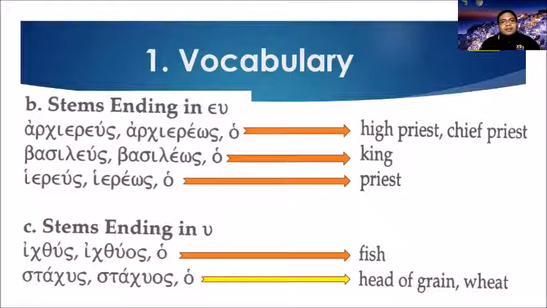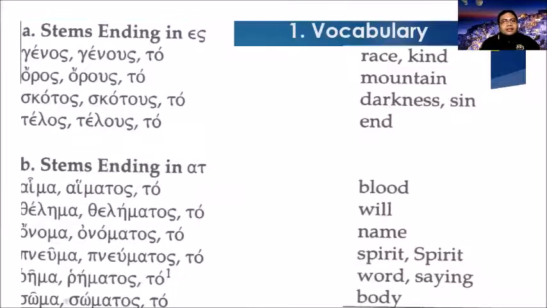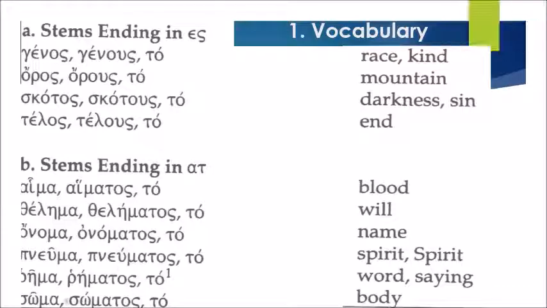Right, next up, let's have the stems ending in epsilon-sigma. Now we have here the neuter nouns. We have the word genos, or in the GA it is genous. It means race or kind.